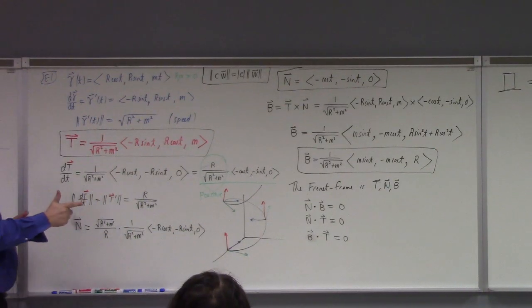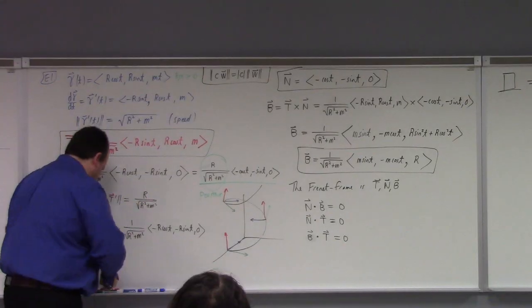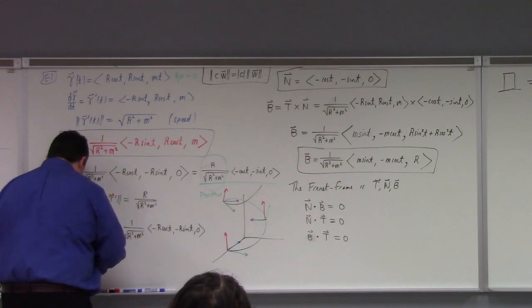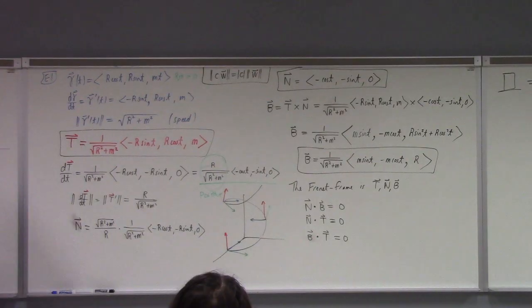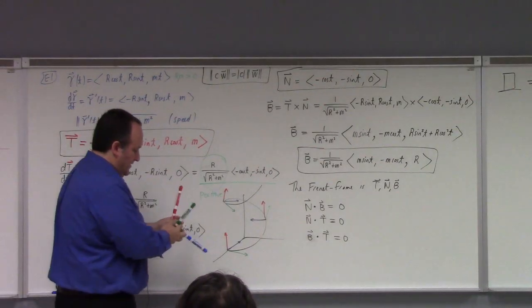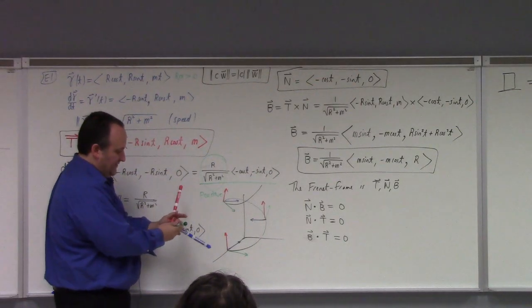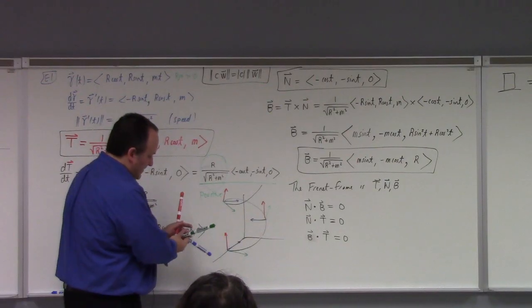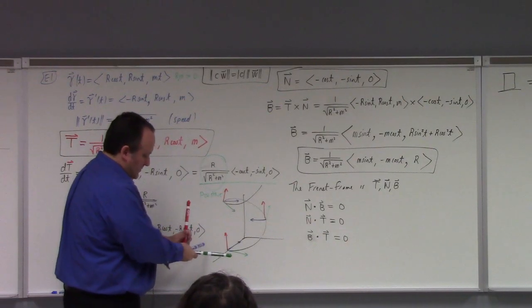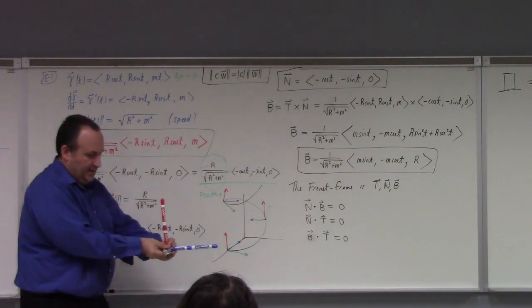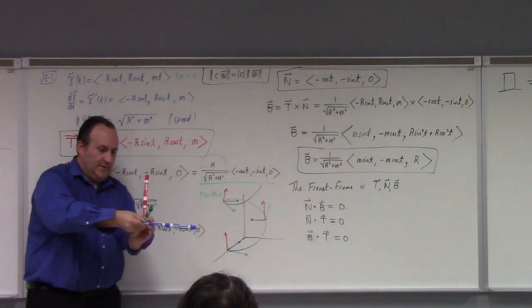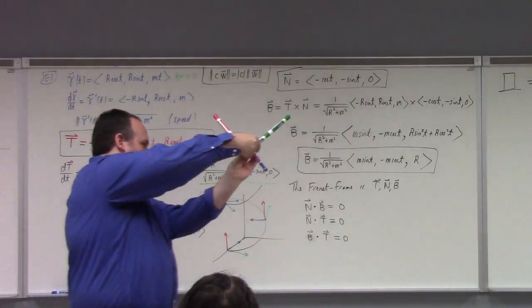So if you were to follow the helix, you could imagine the binormal, the normal, and the tangent, right? So here it is. If you can imagine this. I point the tangent in the direction of the helix, right? And coming at you, it comes up and it goes around like that.